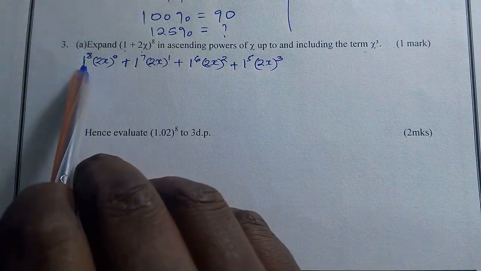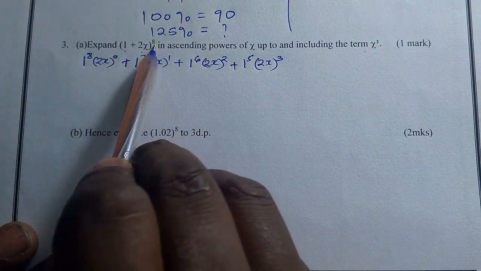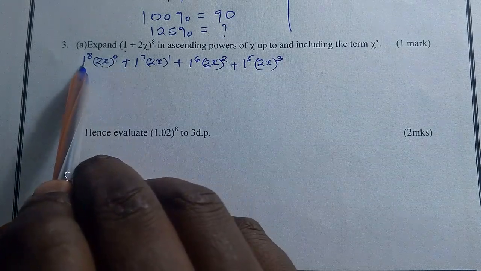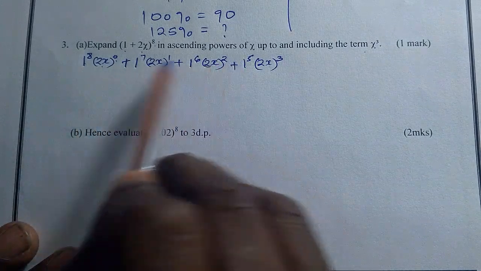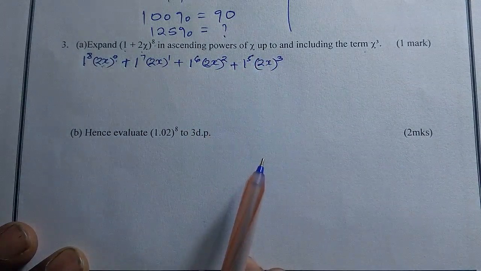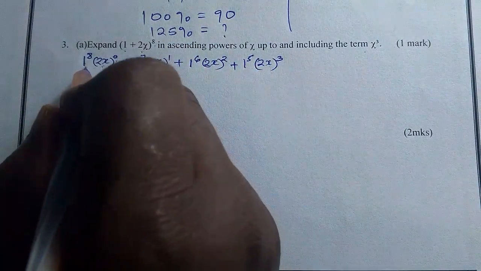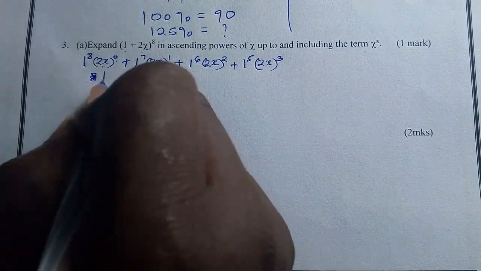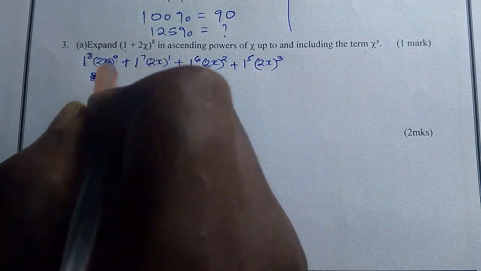Always remember, the first term we start with the given power, and the second term will start from 0. The first term will be decreasing as the second term will be increasing to the right. So this is actually 8. This is 1, since any number raised to power 0 is 1.